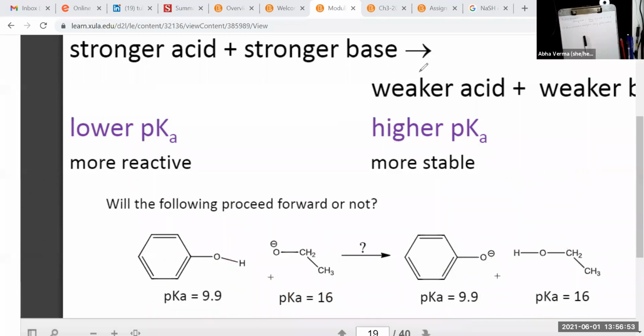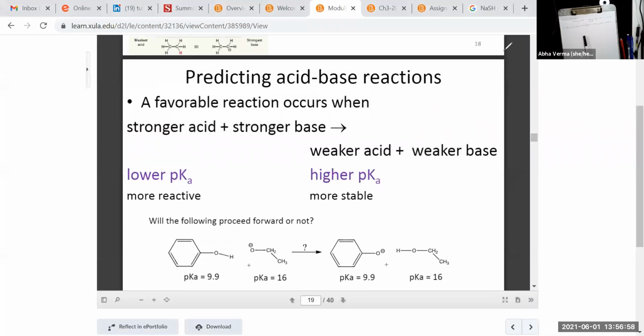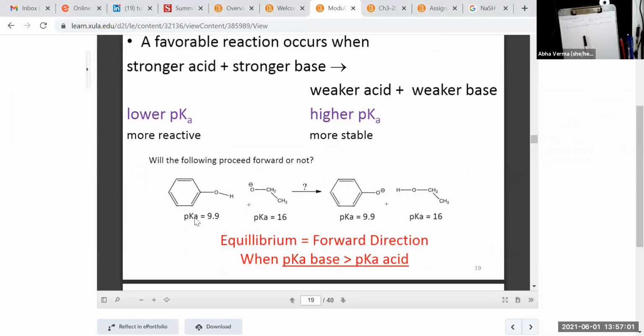Any questions from anyone? Do you all understand why this reaction will go in the forward direction? So for some of the chemical reactions, you might be given a pKa value. When the pKa of the base and the pKa of the acid are similar, your equilibrium will go in the forward direction, when this number is smaller than the resulting conjugate acid's number.